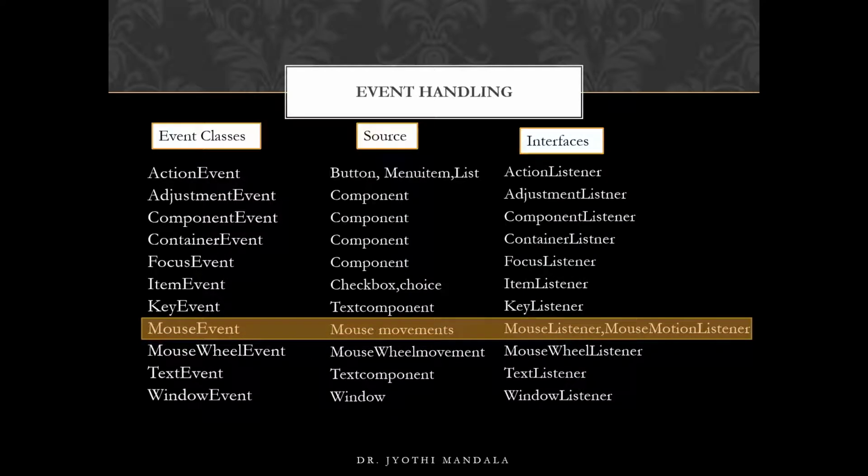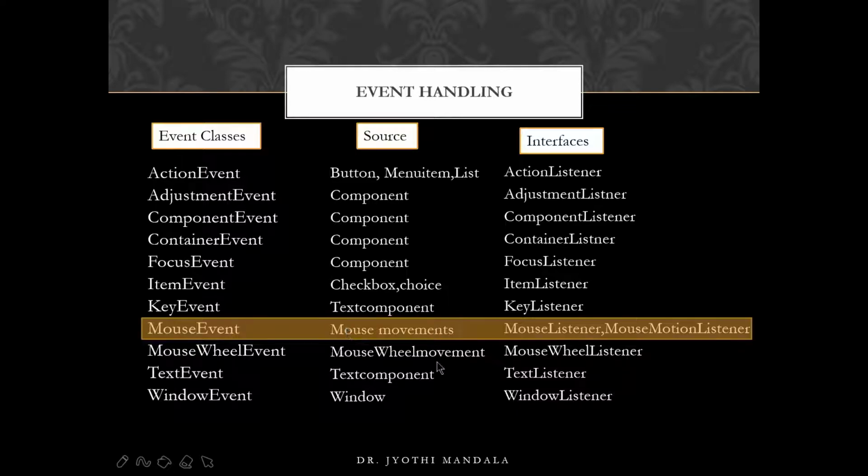We have multiple sources which generate events, and these events can be handled by a combination of these event classes and interfaces. But in this lecture we are concentrating on mouse events only.